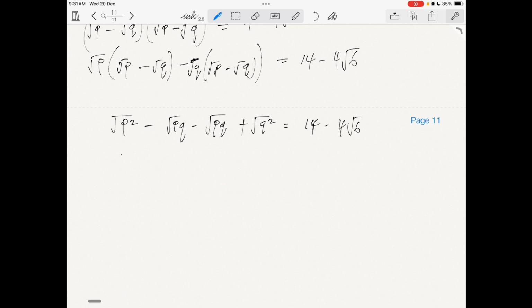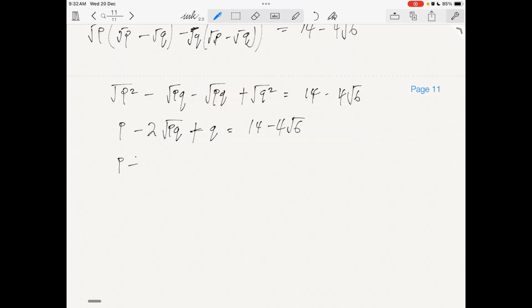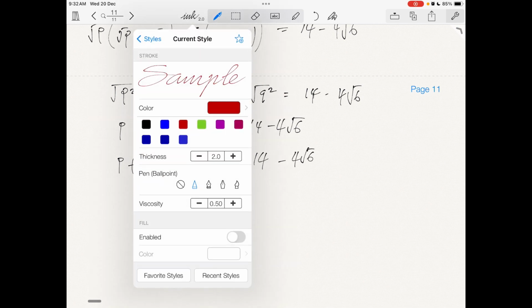So this will give us p minus 2 root pq plus q equals 14 minus 4 root 6. So with that, we can say p plus q minus 2 root pq equals 14 minus 4 root 6.